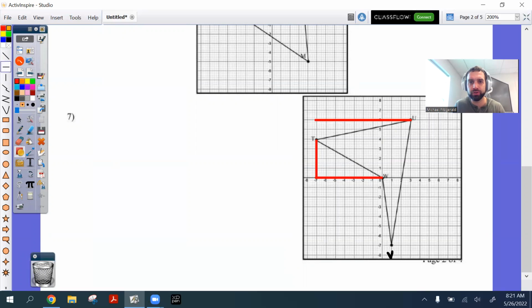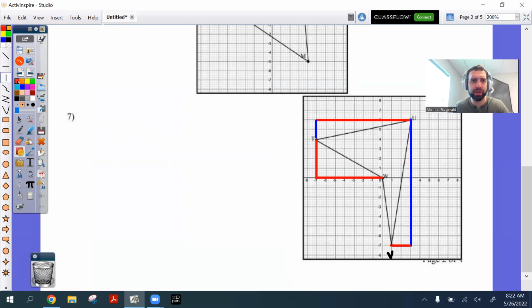Let me use some different colors here. Let's go blue for this line. Whoops, I'm still on the horizontal lines. Let's make this vertical. And do the same thing right here for this long line. So if we don't have a horizontal or vertical line, we need to draw one in order to better digest this information.